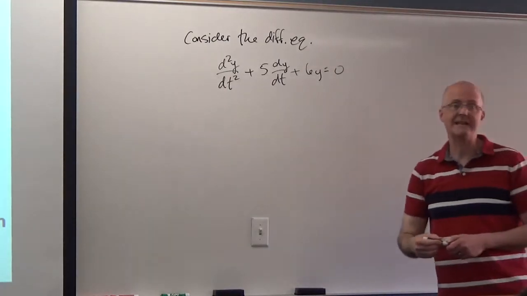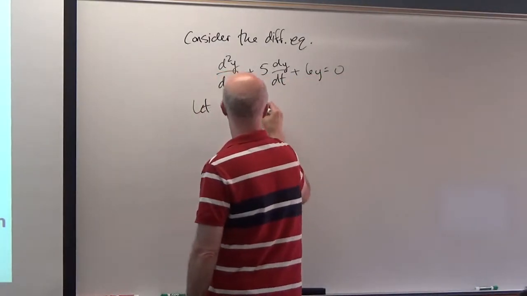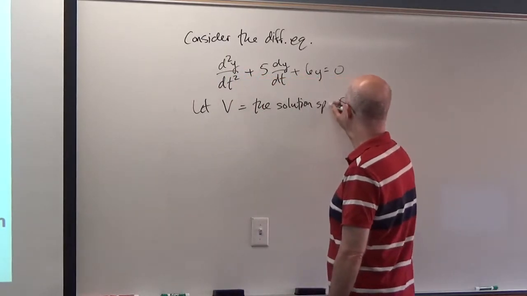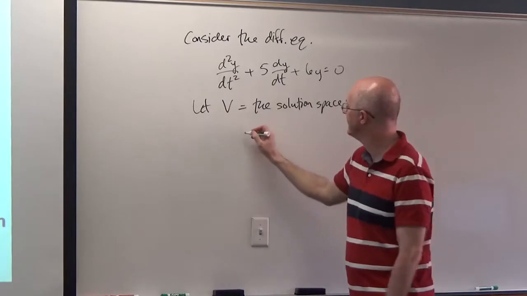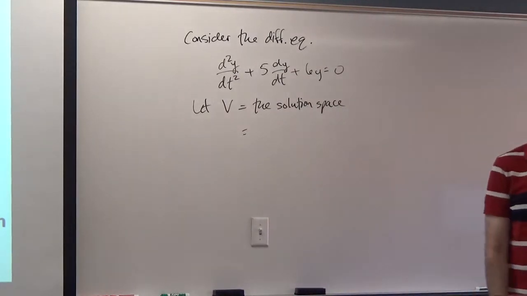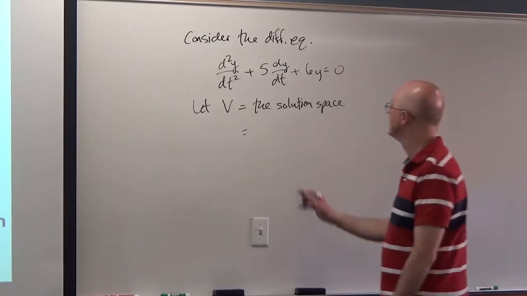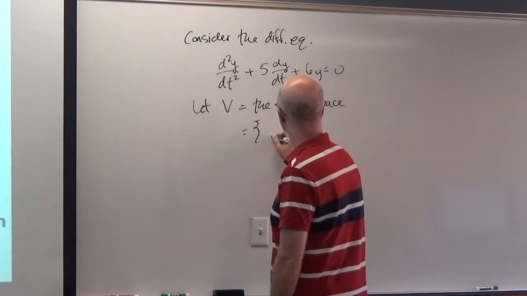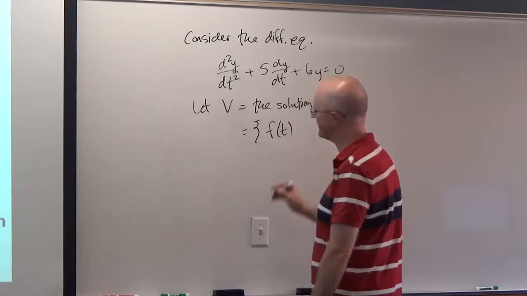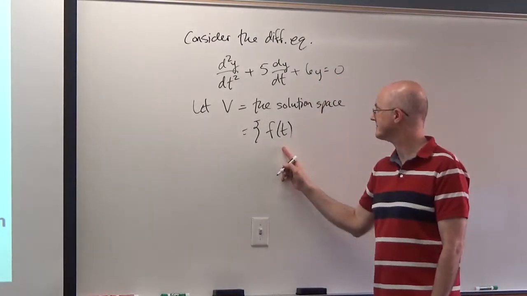I could say let V equal the solution space. What do I mean by that? I mean the set of all functions, solutions of differential equations are functions, that satisfy the differential equation. The set of all functions, I'll go ahead and write f of t here, even though that's really the output of the function.